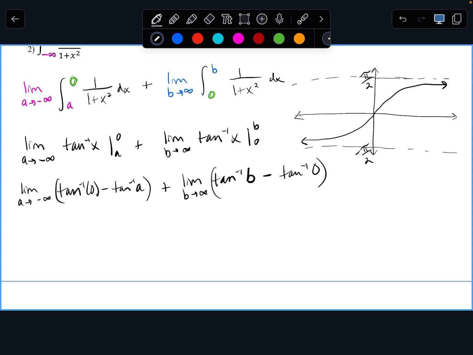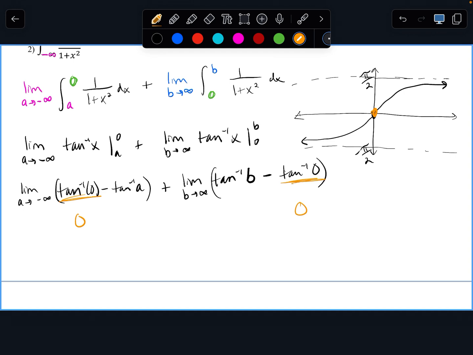So now I'm going to legit evaluate it. I'm going to drop the limits because now I'm evaluating this. Inverse tangent of 0 is just a number, because on the graph it's the point (0, 0), so that's just 0.